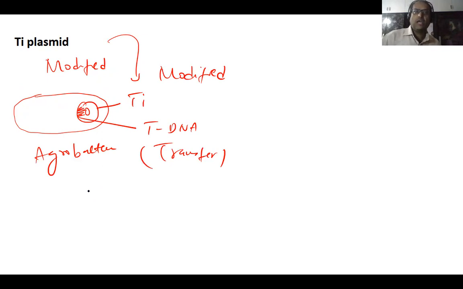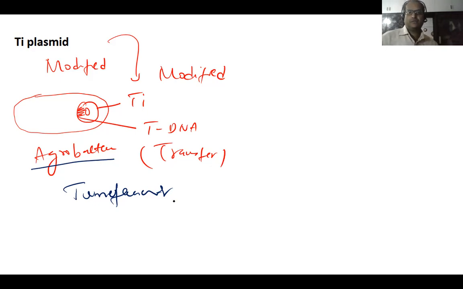The bacteria name is Agrobacterium tumefaciens, the species related to this TI plasmid. TI stands for tumor inducing, and T stands for transfer.